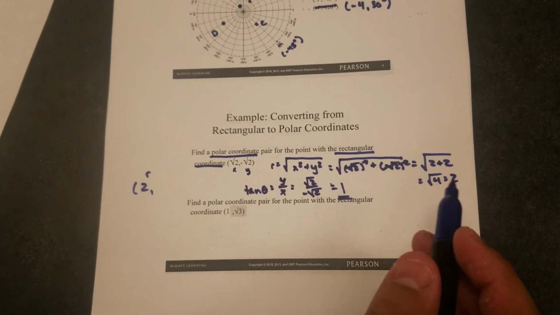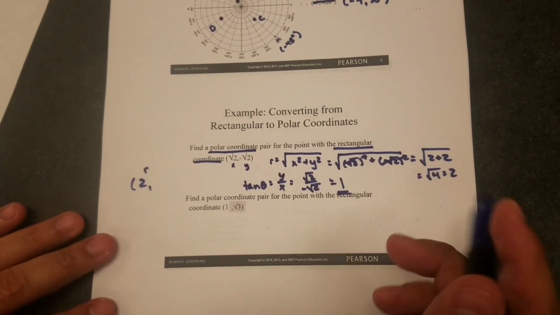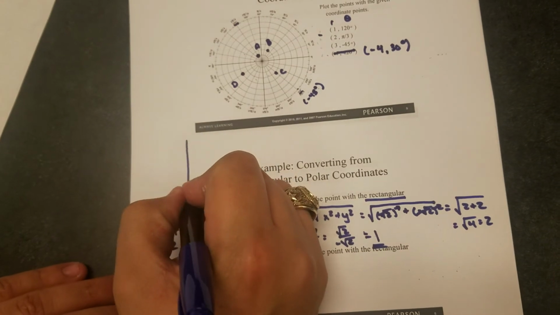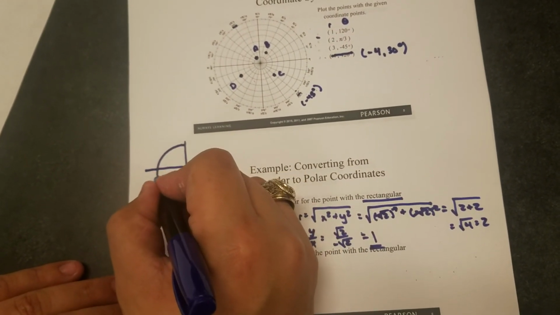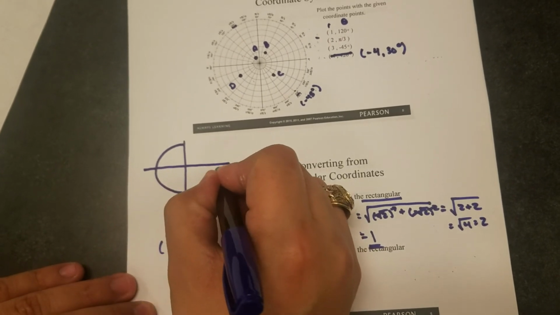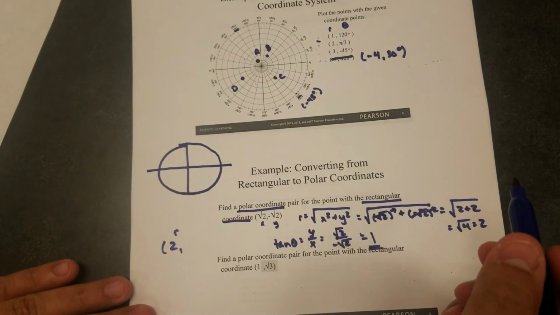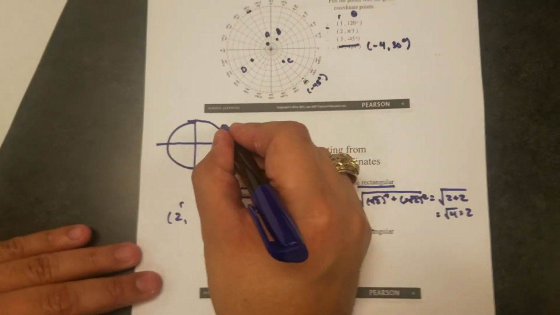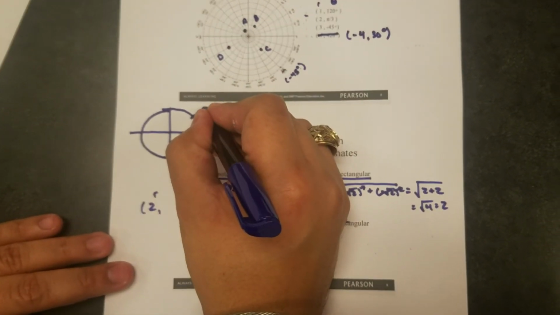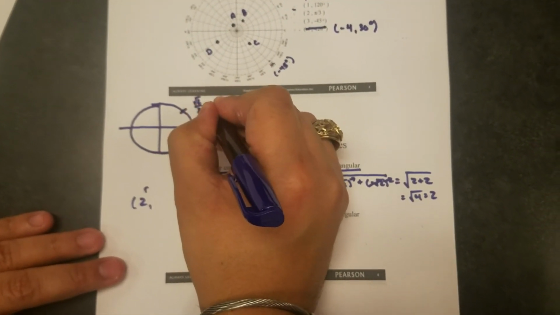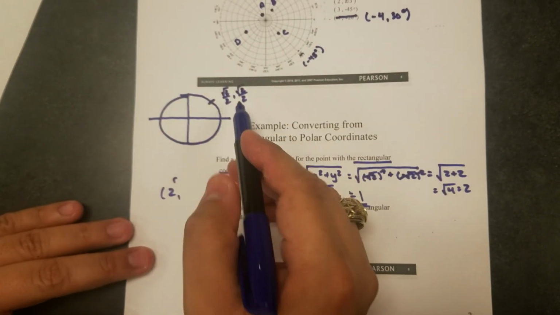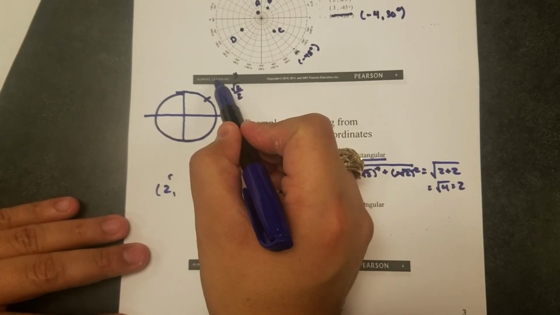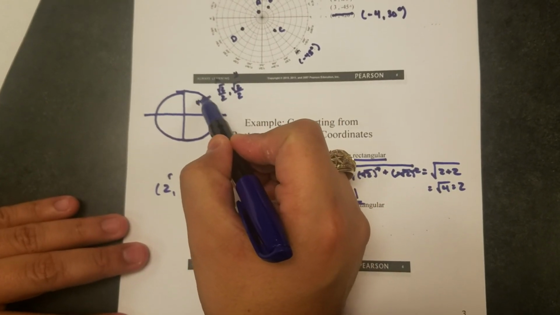So if I were to look at my unit circle, and I'll draw it over here. Remember these, if I look at a number right here, square root of 2 over 2, square root of 2 over 2. If I divide these two numbers, remember the y divided by the x, this is at 45 degrees.